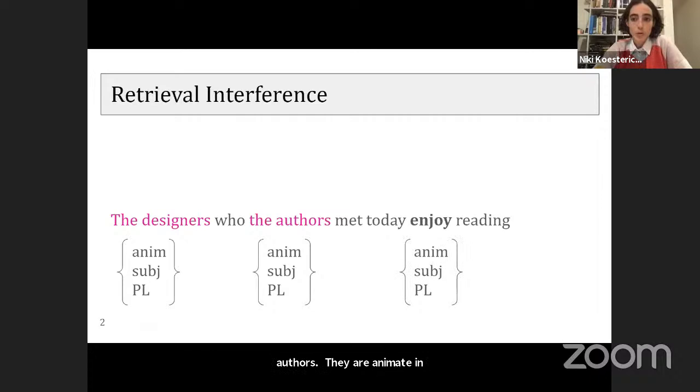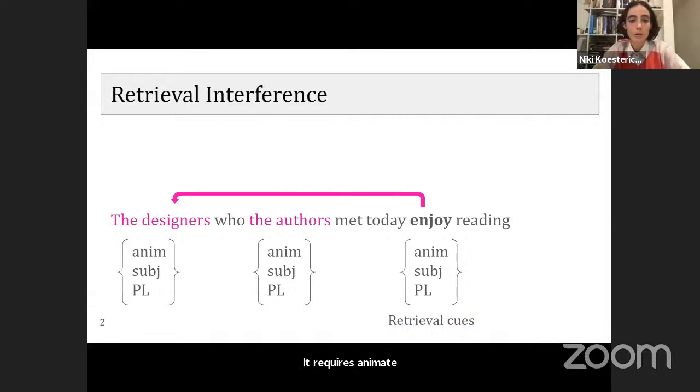Furthermore, the main verb enjoy, which is the retrieval site for the matrix clause subject, is specified for some features as well. So it requires an animate plural subject. And these features are the retrieval cues it uses to search for a matching item in memory that can be integrated as its subject, in our case, the noun phrase, the designers.